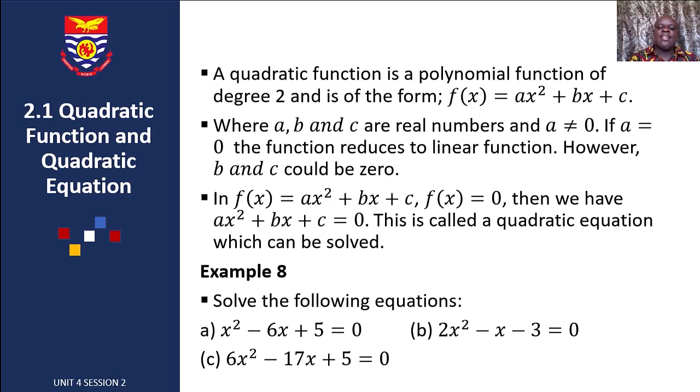If you look at these three examples, the first one has the quadratic term x squared with a coefficient of 1. The second one has a coefficient of 2. And the third one has a coefficient of 6. We'll look at how to solve these questions at the next stage.